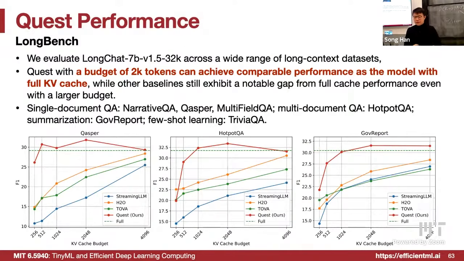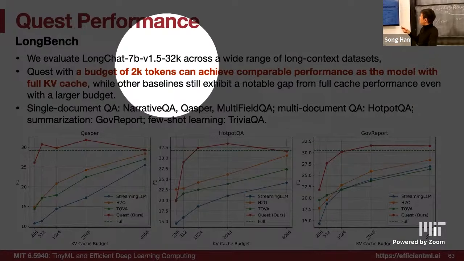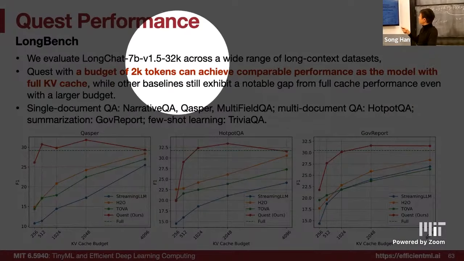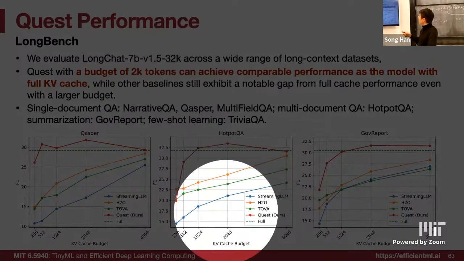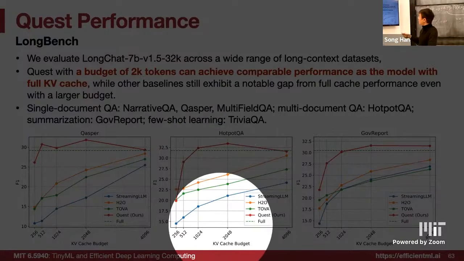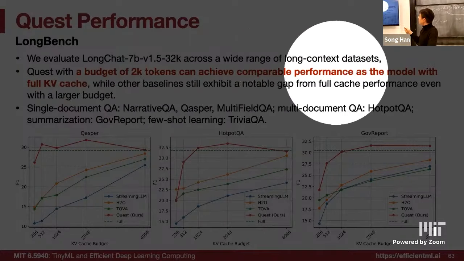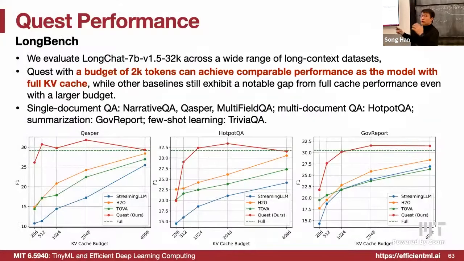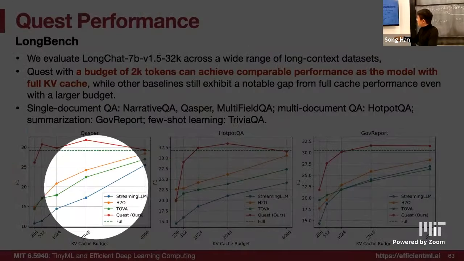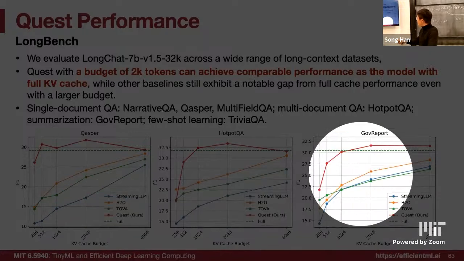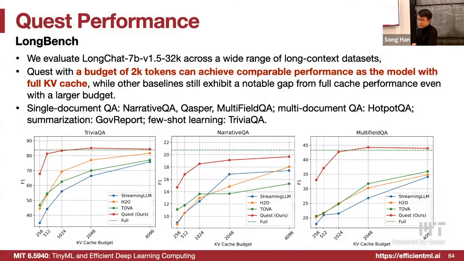This is the result on LongBench, with 32K long chat, and we give it only 2K tokens out of 32K. A budget of 2K tokens can achieve comparable performance to the model with full KV cache. Similarly, right here, we have only a 2K cache budget, and more results.